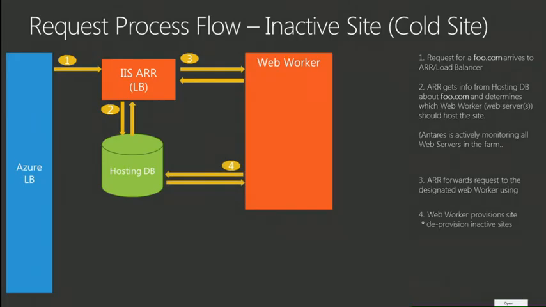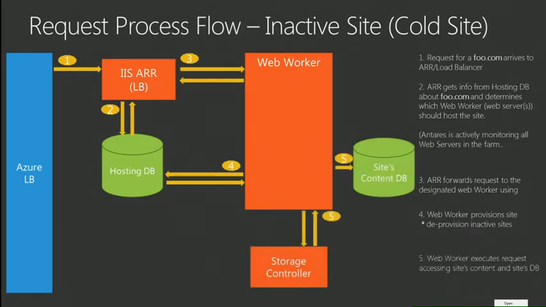At that point, the web worker will go back to the database and say, hey, someone wanted me to launch foo.com. Is that okay for me to do that? That's an extra security check. And at that point, the database will give it all the metadata that is needed in order to create a private apphost.config and web.config. It links the actual source to the central repository, the storage controller.